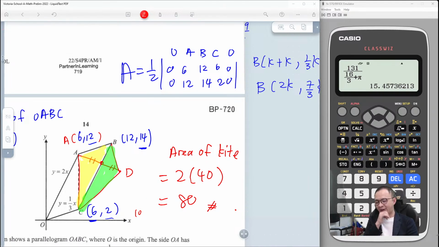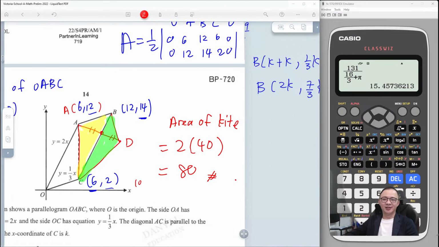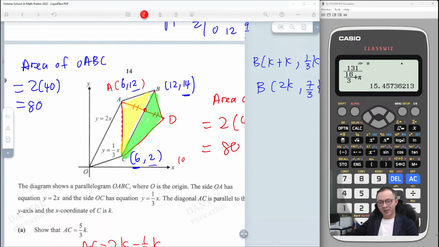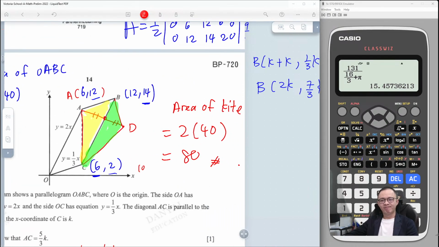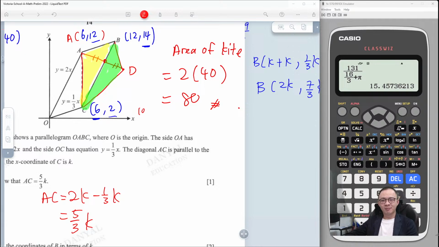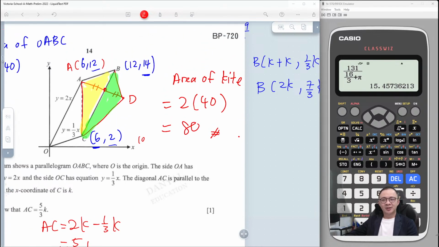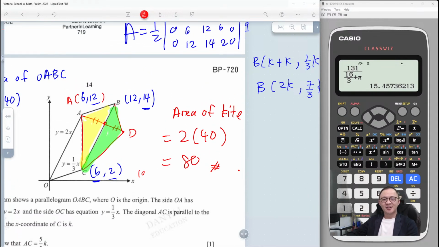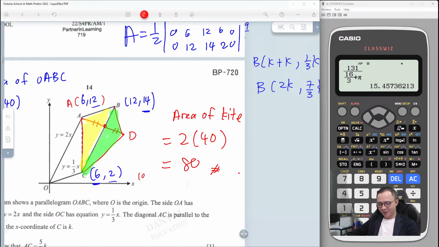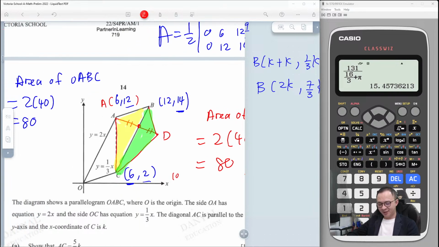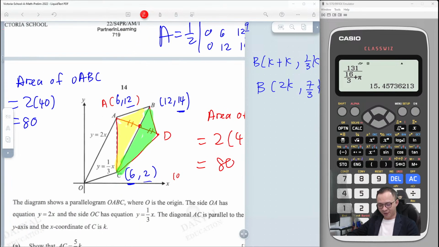For Kevin, which part are you mentioning about the inverted coordinates for BC? Sin x minus 1 is not equal to cos x. It's supposed to be 6 to 12 and 2 to 14.